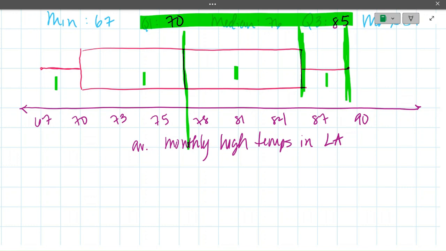So 3 months in LA have average high monthly temperatures between 85 degrees and 89 degrees. So what we can count on is in 3 months, we're going to see temperatures between 85 and 89 degrees on average.